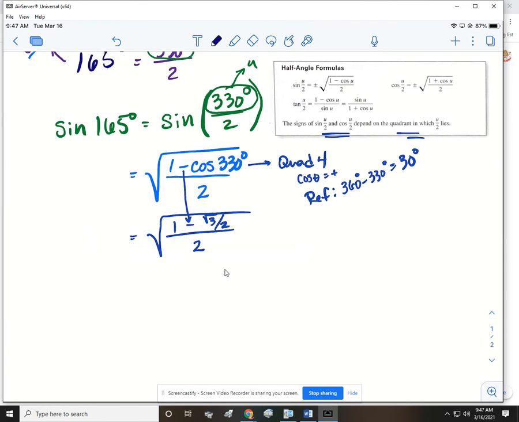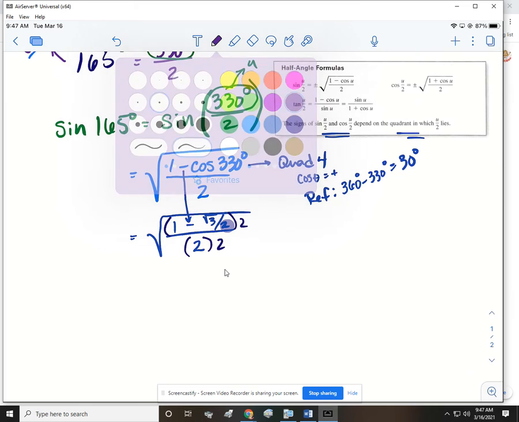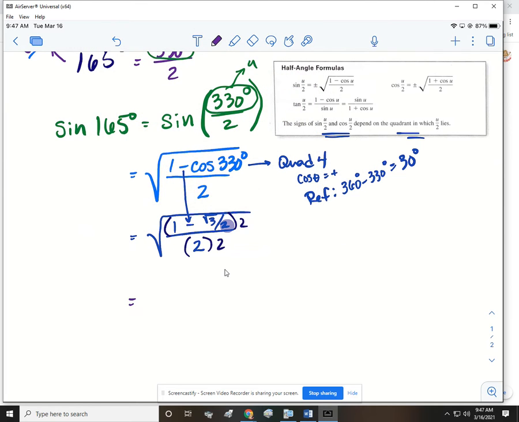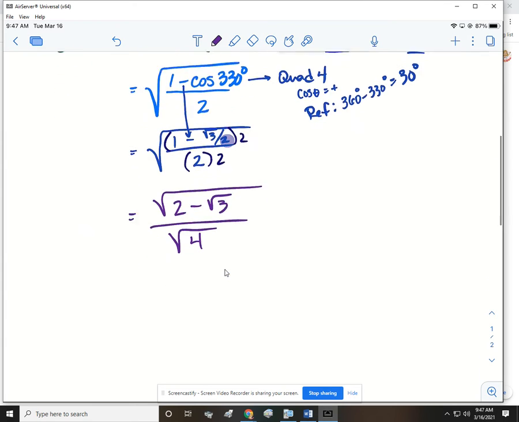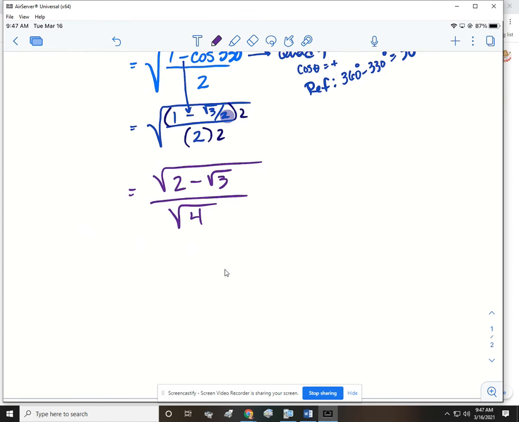So whatever that denominator is right there, we're going to multiply by it. So we have the square root of, go ahead and distribute that on the numerator. And then we have the square root of, multiply that in the denominator.